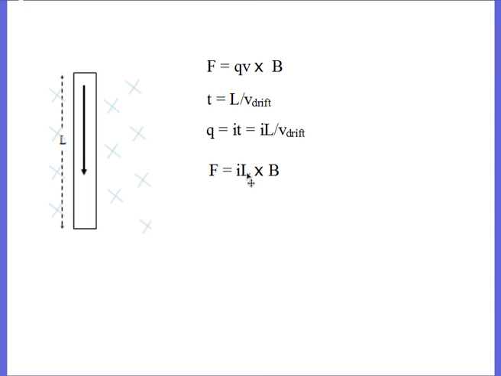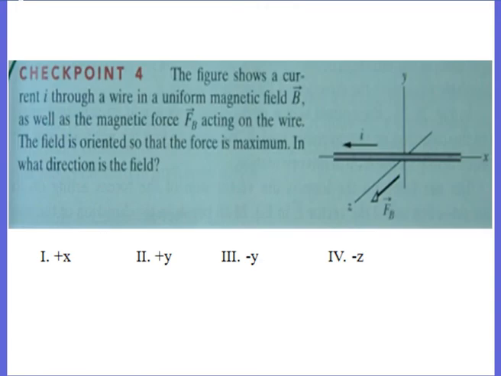What direction is L? And the direction of L is going to be given by the direction of the current. That vectorless quantity is once again going to determine the direction of L. I is a scalar, but L is a vector whose direction comes from I, and so you have that result. And now you will apply that result as you do checkpoint 4.